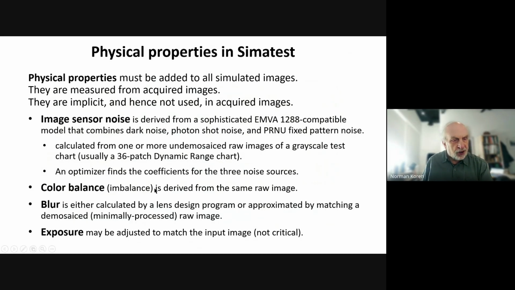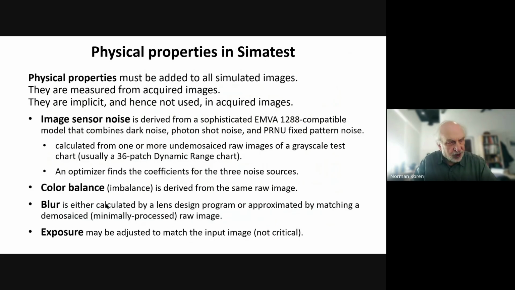We can also look at the color balance, which is a property of the image sensor and the illumination. That is derived from the same raw image as the image sensor noise coefficients. We can look at blur, which either comes from a lens design program, or we can approximate it by matching a demosaicked and minimally processed raw image.